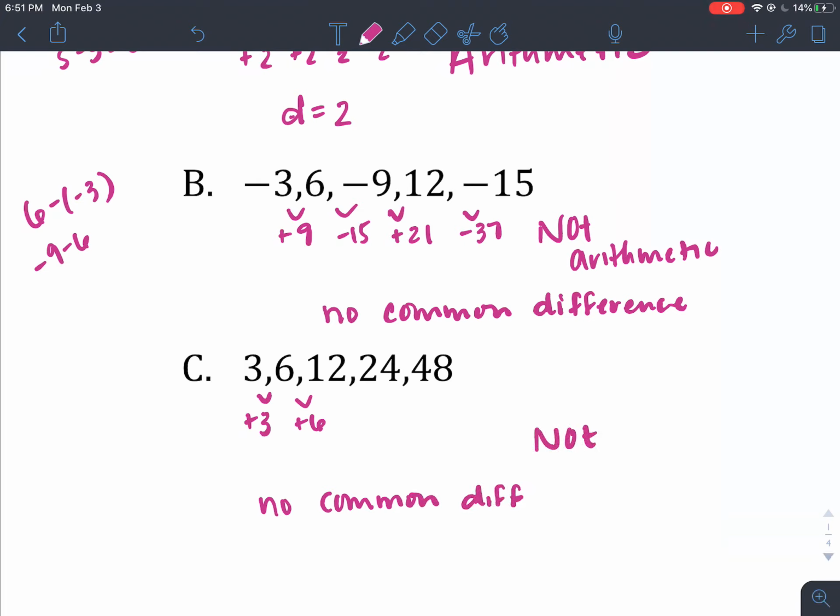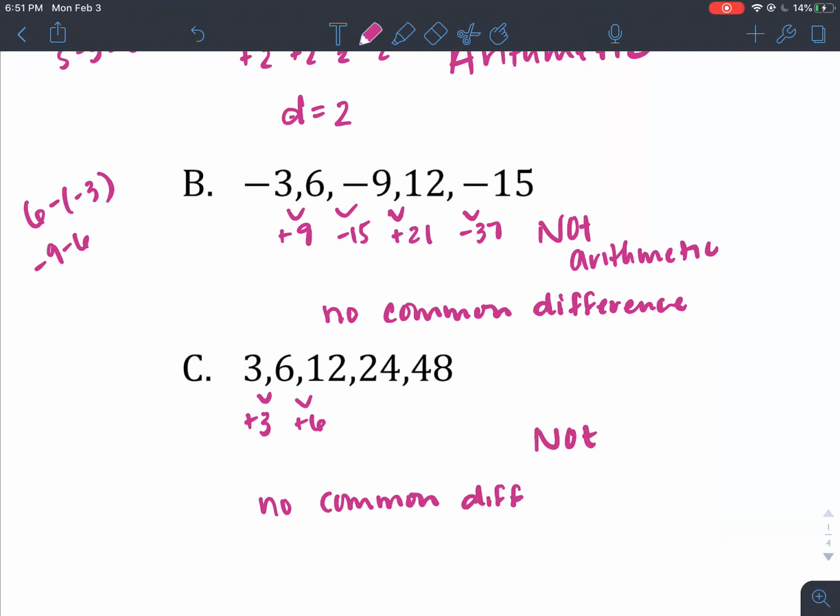So if you've got, in this first one, we're going to be subtracting 5 each time. So our common difference d is indeed a common difference. That is negative 5. So this is arithmetic. In example E, we add 2, and then we add 3, and then we add 4. So there's no common difference.